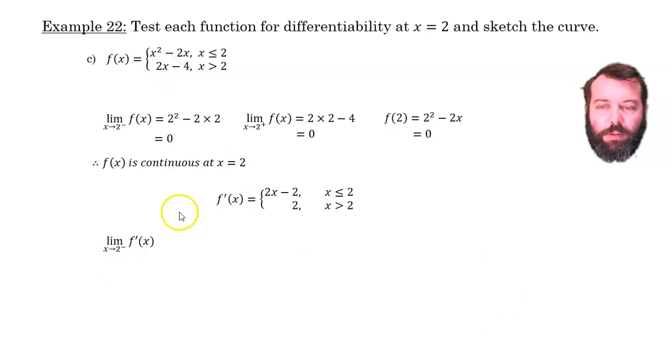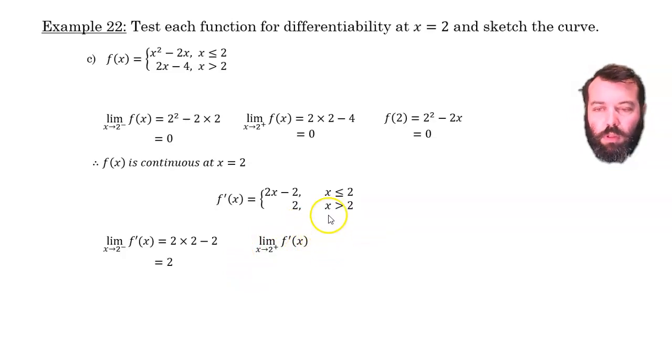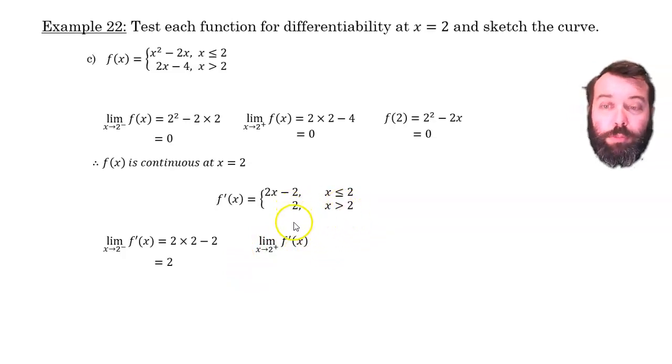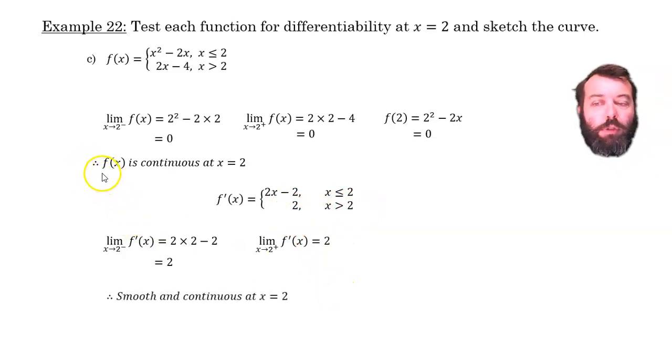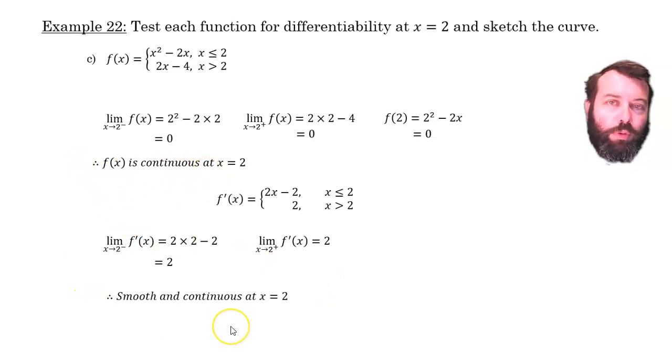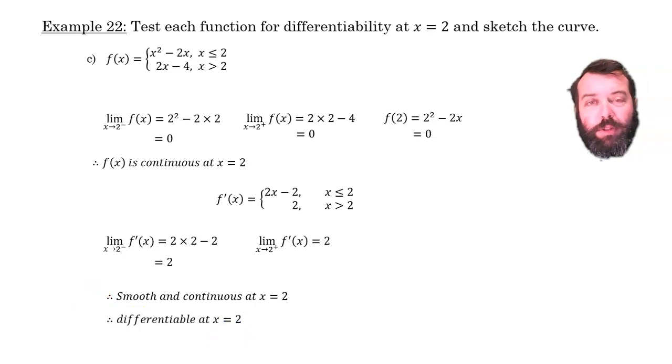Now let's see what happens as I approach from below. I use the top rule there, so 2 times 2 minus 2 is equal to 2. And then we have a look at what happens if I approach from above. This time we'll use the bottom rule, and it's just a solid 2, a constant. So that shows that my function is both continuous and smooth at the point x equals 2. That means that it is differentiable at that point.